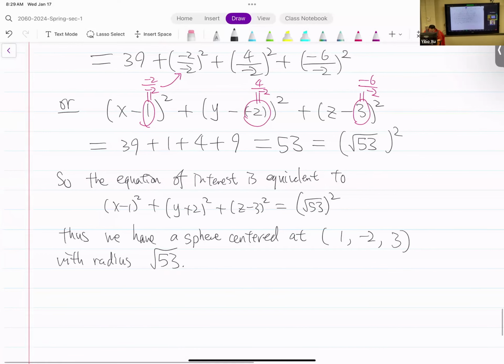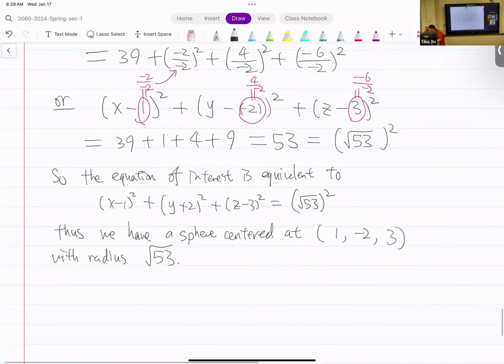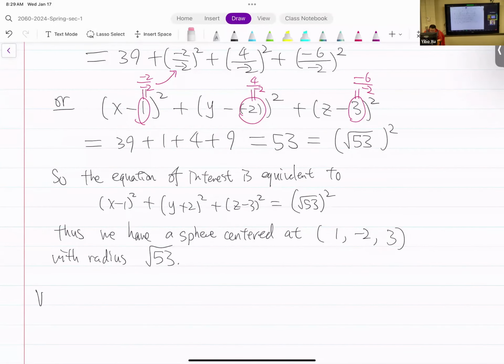All right, so now let's move on to vectors. So that's the key objects that we want to talk about. Vectors. So what are vectors?